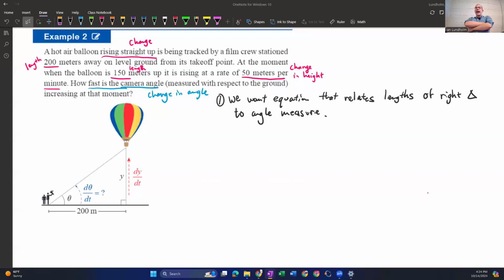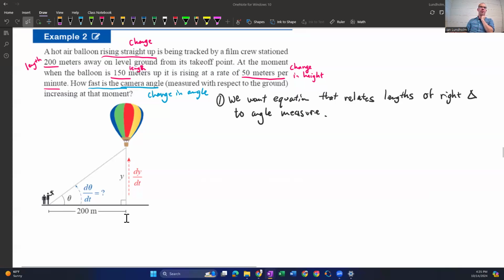Well, the best functions I know for that are trig functions. And in particular, if we were taking the time to sketch this out nicely, which has already been done in the picture, we've got this distance of 200 meters from the camera crew to where the balloon took off. So that's a nice side length.